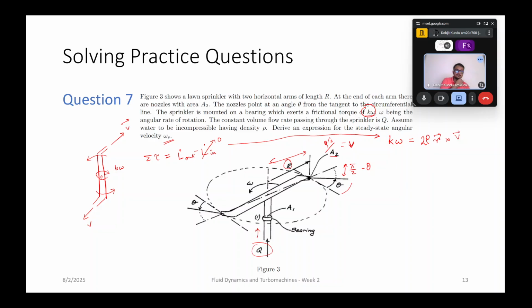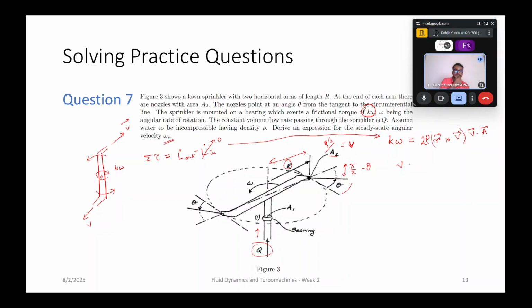There'll be an r cross v into the area. Sorry, this is the momentum, and that should be multiplied by the area.